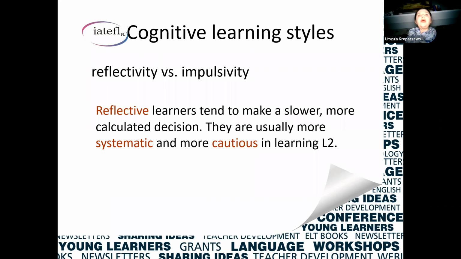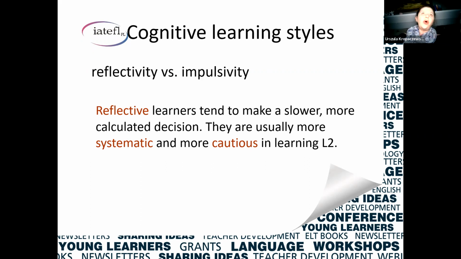And now I want to say a few words about reflective and impulsive language learners. Reflective language learners make slower progress. It takes them more time to achieve success, but they are more systematic. They calculate their decisions.